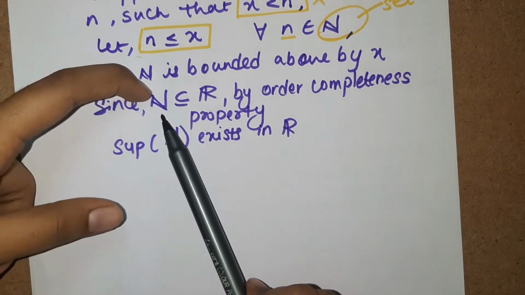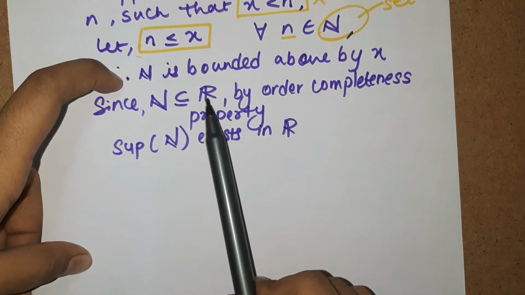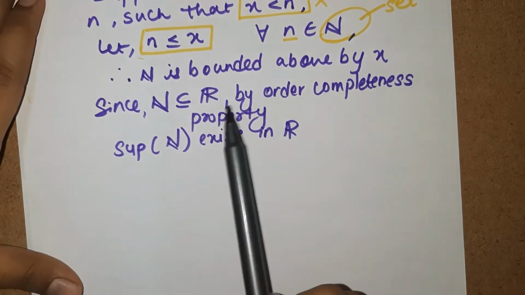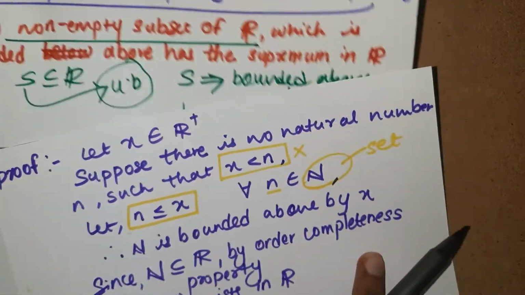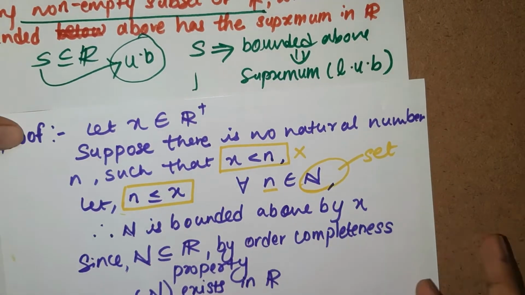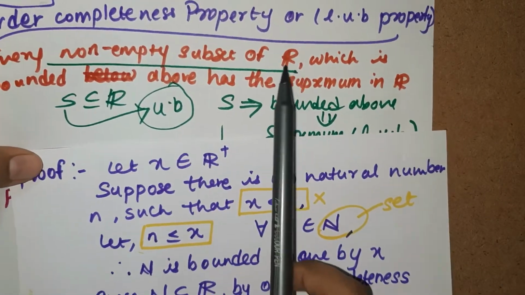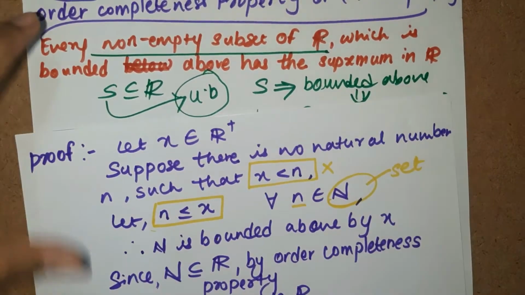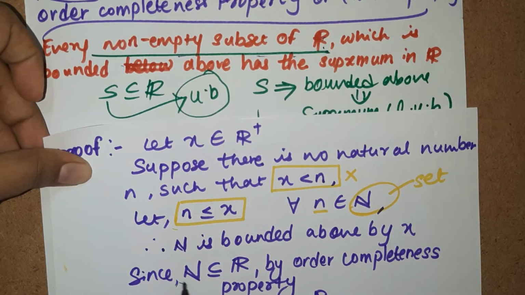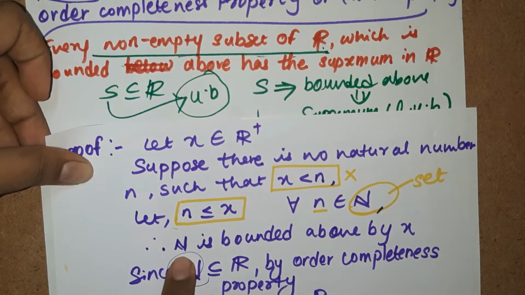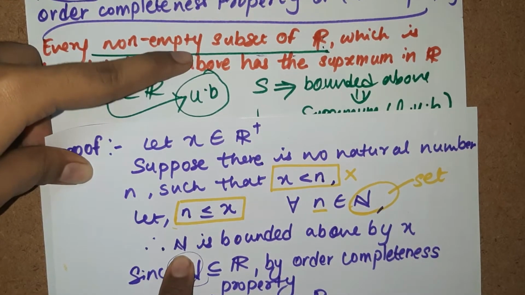Since the natural number set is a subset of the real numbers, by the order completeness property, the supremum of N exists in R. We have seen what the order completeness property means: every non-empty subset of R, which we have taken as N here, which is bounded above, has a supremum in R. Is it bounded above?